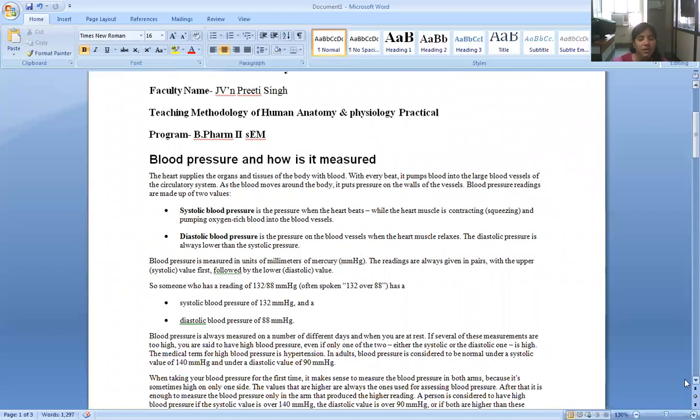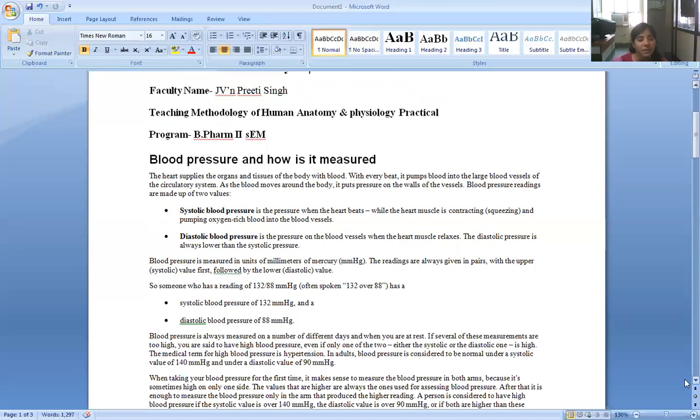If several of these measurements are too high, you are said to have high blood pressure, even if only one of the two, either the systolic or the diastolic one, is high. The medical term for high blood pressure is hypertension.